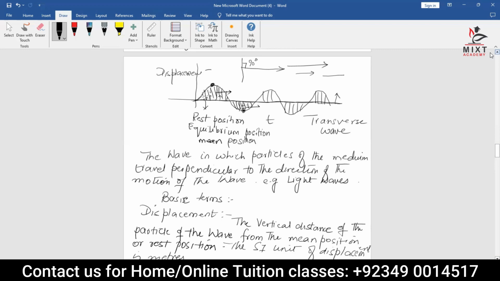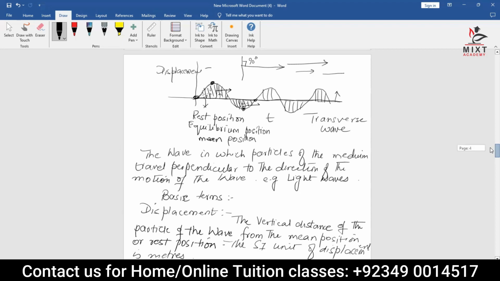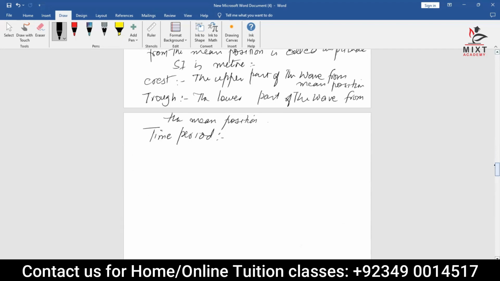Remember that first of all, you are talking about one single wave. One single wave means one crest and one trough. Like this, one wave means one crest along with a trough. So your one wave started from here and it ended up here.